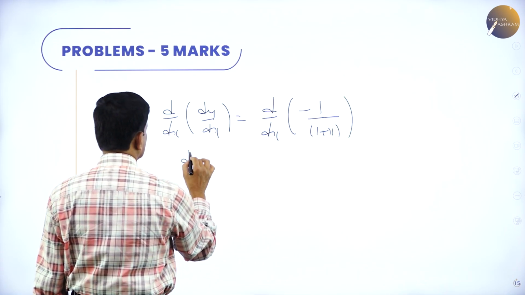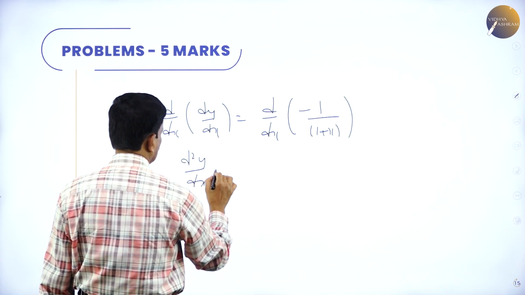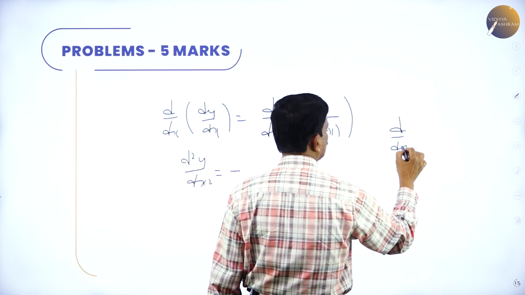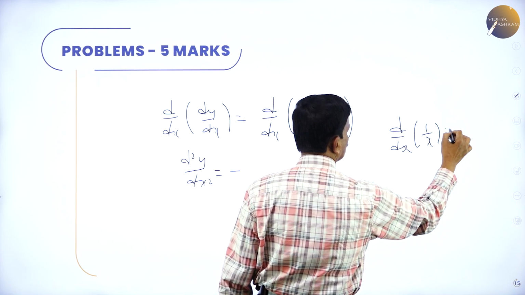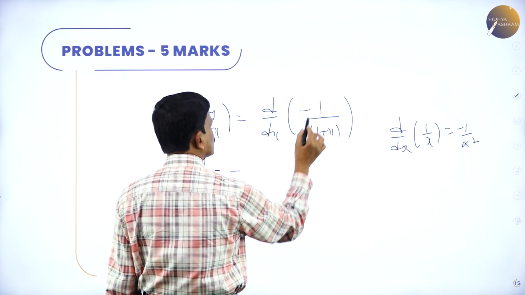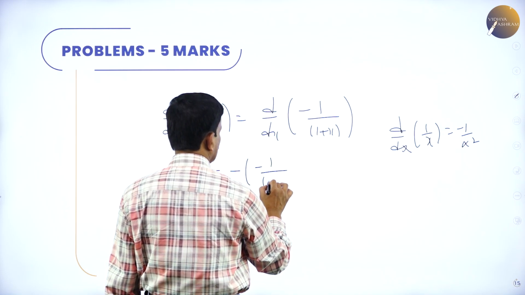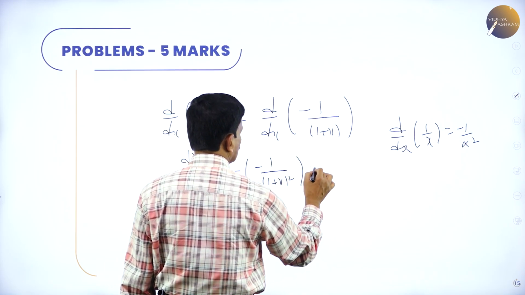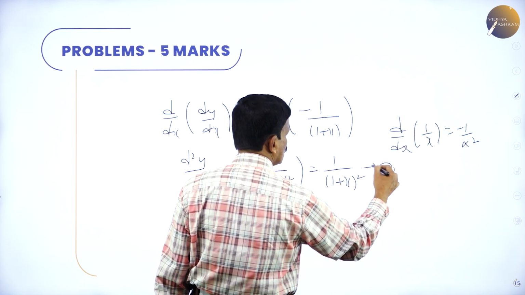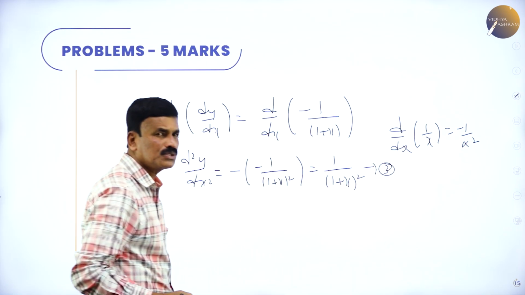Now d/dx of this gives d²y/dx² is equal to minus out. Since you know the derivative of 1 by x, d/dx of 1 by x is minus 1 by x². So minus of d/dx of 1 by this is minus 1 by (1 plus x) whole square. Minus into minus, it is plus 1 by (1 plus x) whole square. Let us represent this as equation number 3.